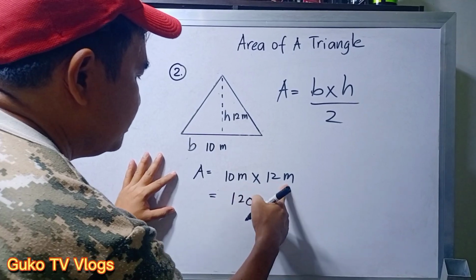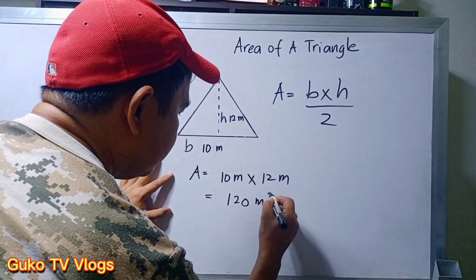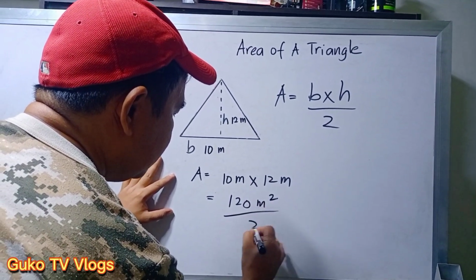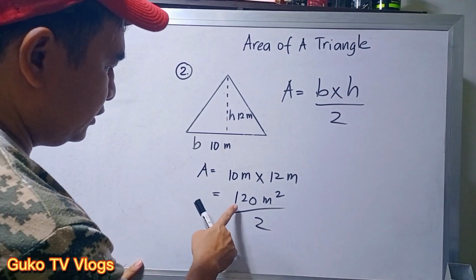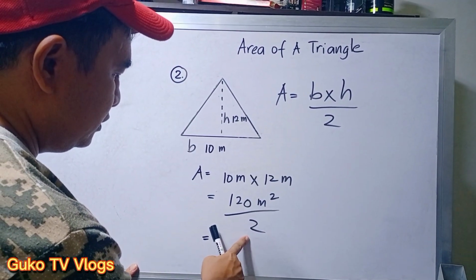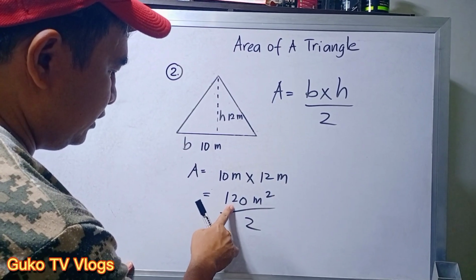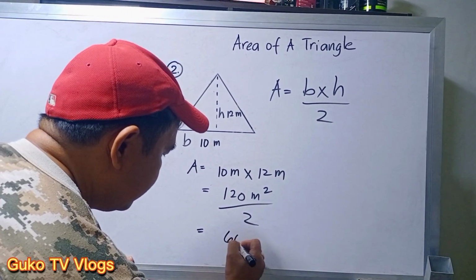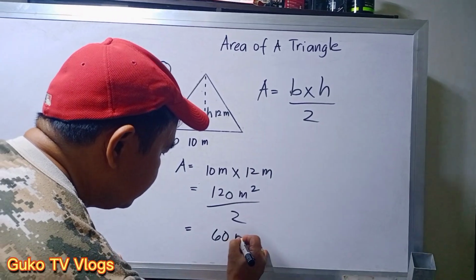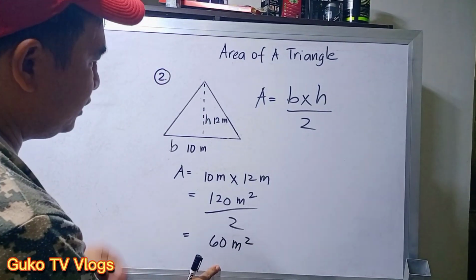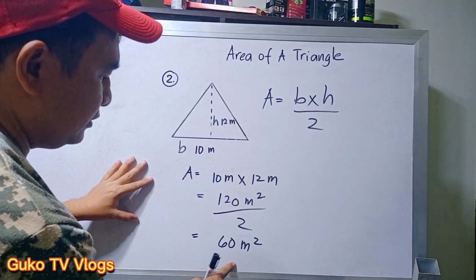Then meters times meters is meters squared. Then divided by 2. So 120 divided by 2. So the half of 120 is 60. Then copy meters squared. So the area of this triangle is 60 meters squared.